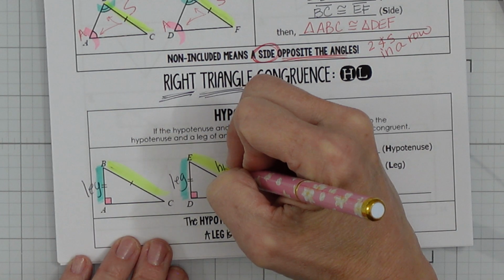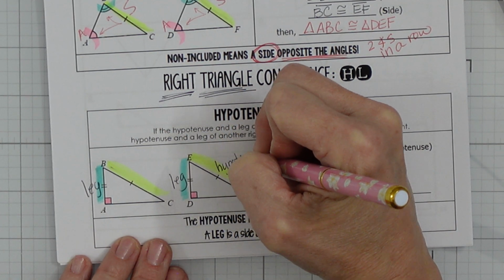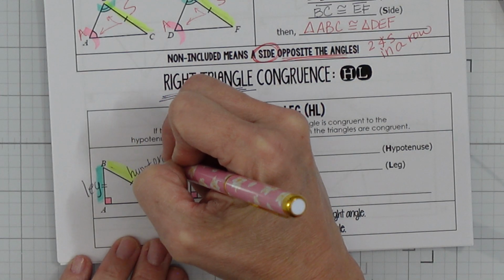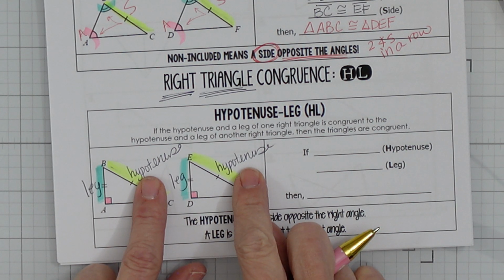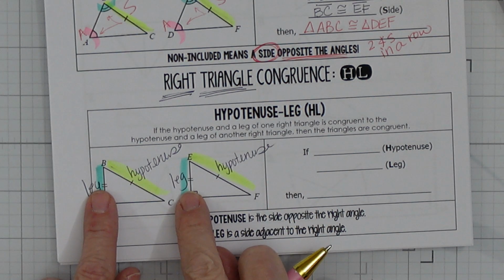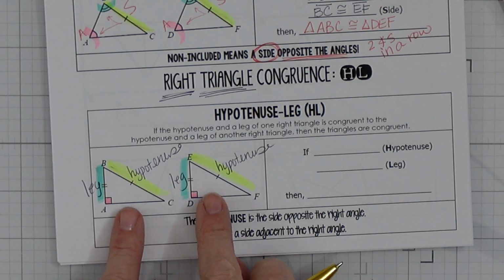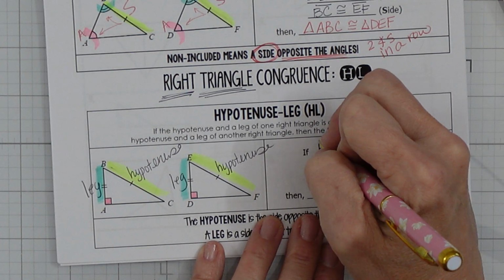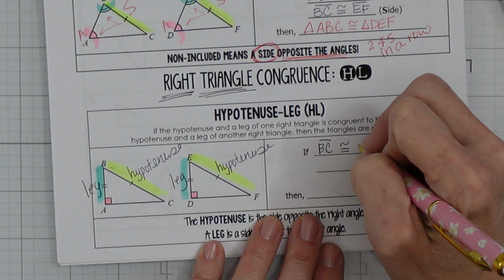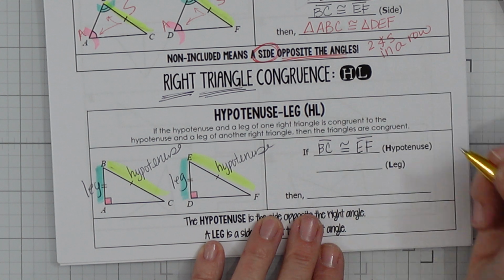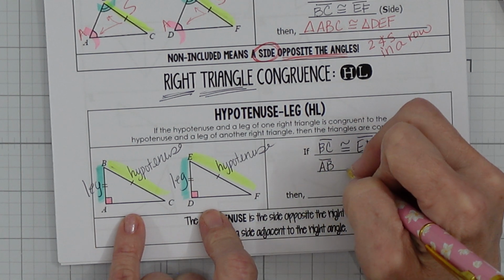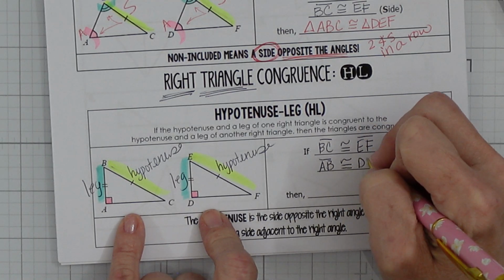This one over here is the hypotenuse. So if both hypotenuses are congruent to each other and one pair of legs are congruent to each other, then these right triangles are congruent. So side BC is congruent to side EF, and leg AB is congruent to DE.